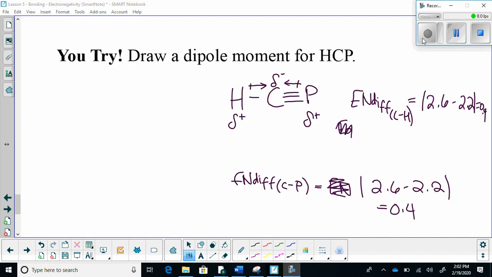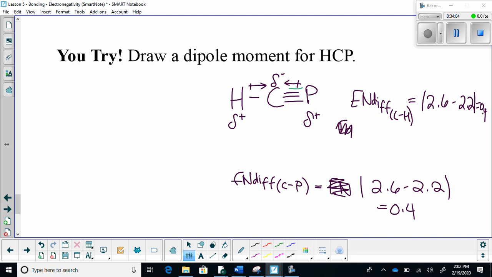Now, on this one, we have a linear molecule where the arrows are pointing at each other at the same strength. Okay, so let's say this is pointing in the positive 0.4 direction, and this one here is pointing in the negative 0.4 direction. Because they're the same strength and the same magnitude, they will cancel each other out.